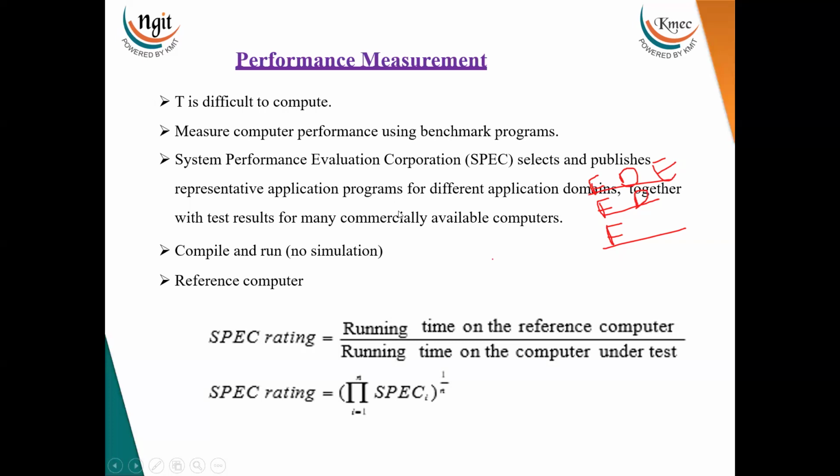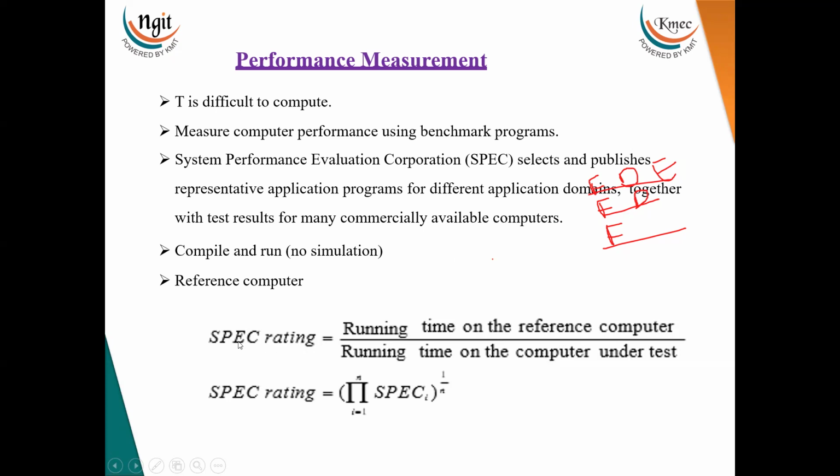Earlier they used to publish artificial programs, but now they are publishing real-time programs in different domains. So this program is run on the reference computer as well as the computer under test. Whoever manufactures the computers will run the program on a reference computer and the computer under test. So they will take the ratio of this.